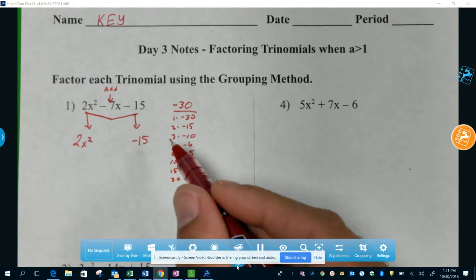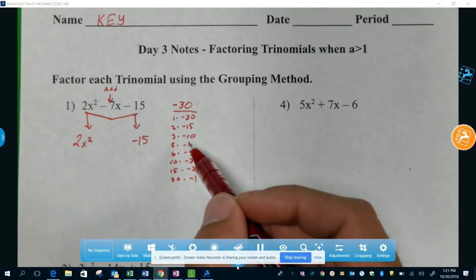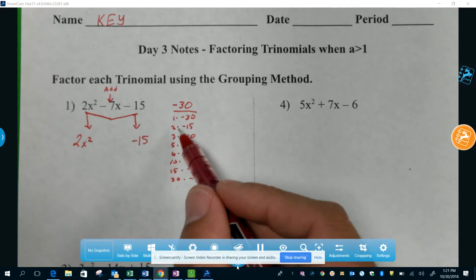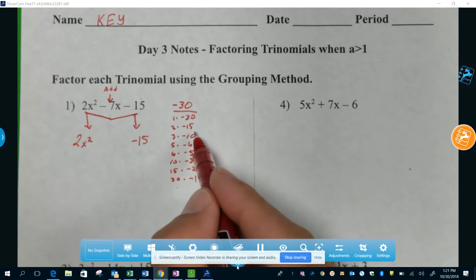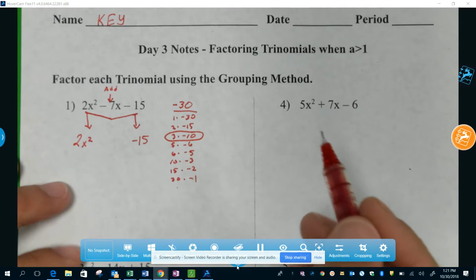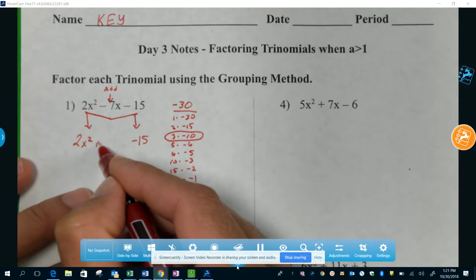Lots of options that multiply to give me negative 30. We're looking for the ones that add up to negative 7. The one that adds up to negative 7 is right here, 3 minus 10. So we're going to use a positive 3.